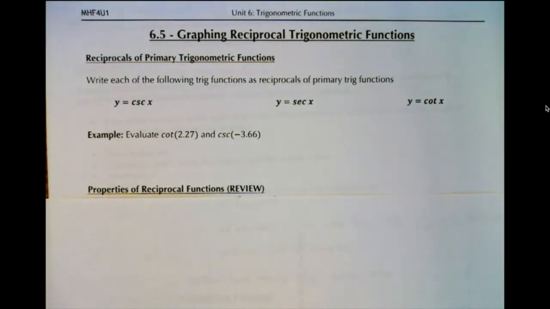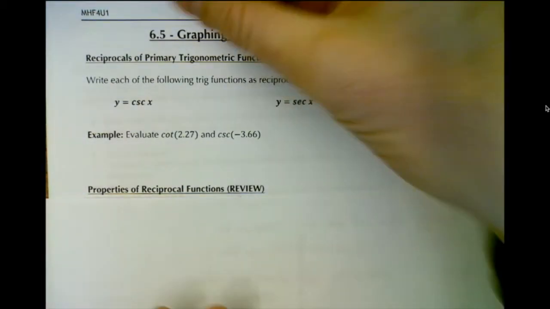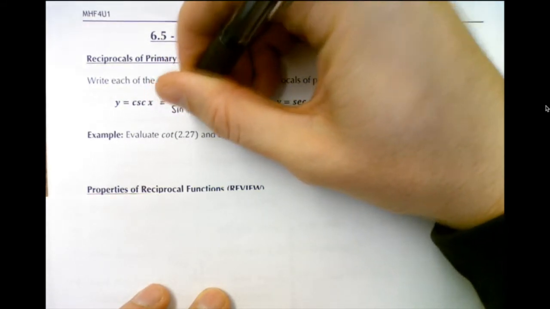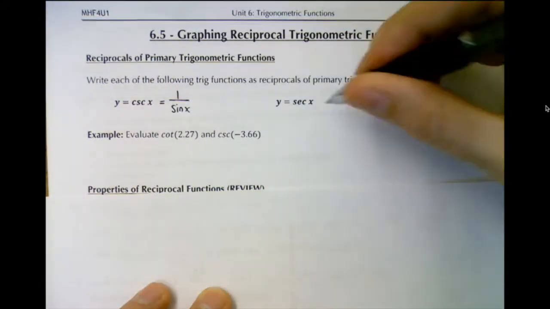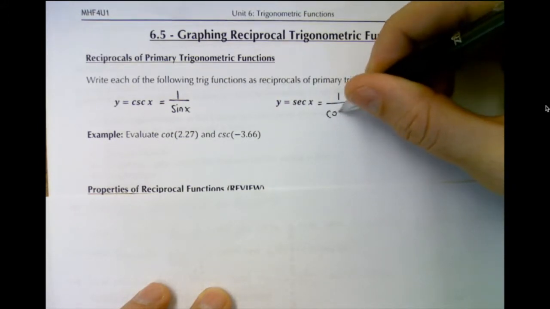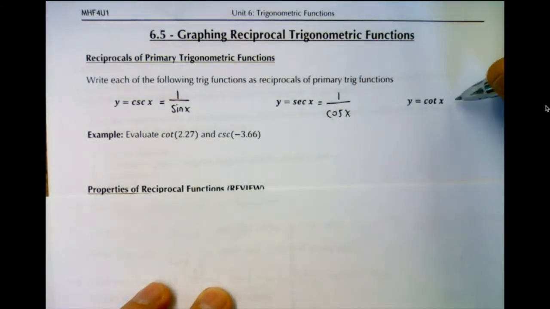So first things first, which functions are reciprocals of each other? Cosecant is the reciprocal of sine, so cosecant is simply 1 over sine x. Secant is the reciprocal of cosine, so it's just 1 over cosine x. And cotan is the reciprocal of tan, so it's just 1 over tan.